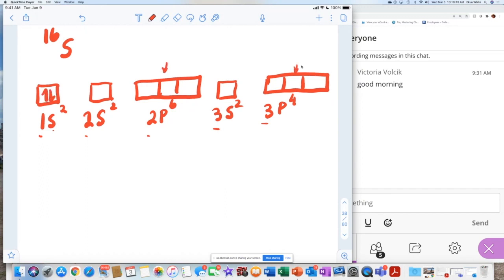So up, down, that's Pauli's rule. Up, down, Pauli's rule. Then up, up, up, that's Hund's rule that says make sure each sublevel has one electron first, then go back and pair it. Okay. And then we have up, down, right? Then up, up, up. These are 3. And this is the 4th electron.